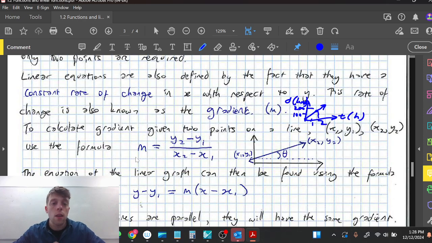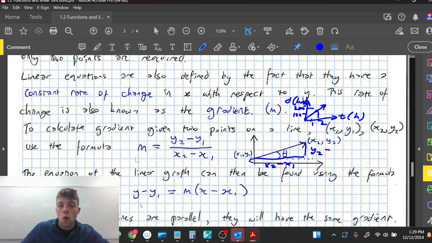All right, so to calculate the gradient given 2 points on a line, let's say we have the 2 points x1, y1, and x2, y2. We just need to use this formula, rise over run. So we can see that the difference between the x values is going to be x2 minus x1. So this value minus this value, that's the distance across here.